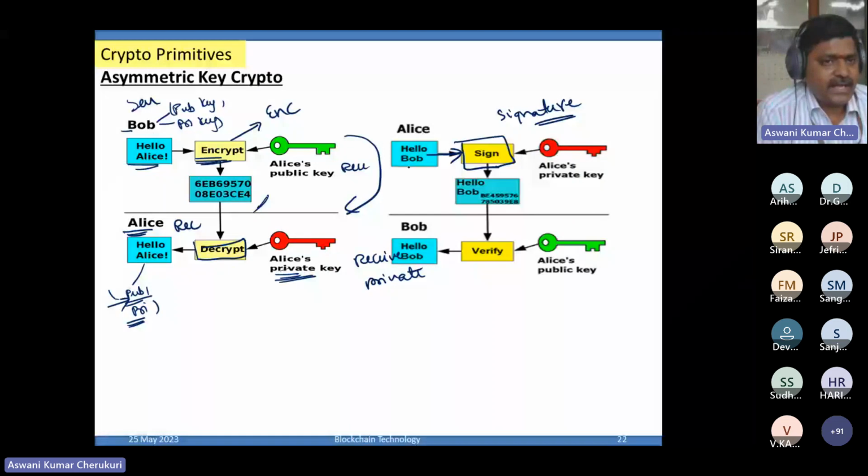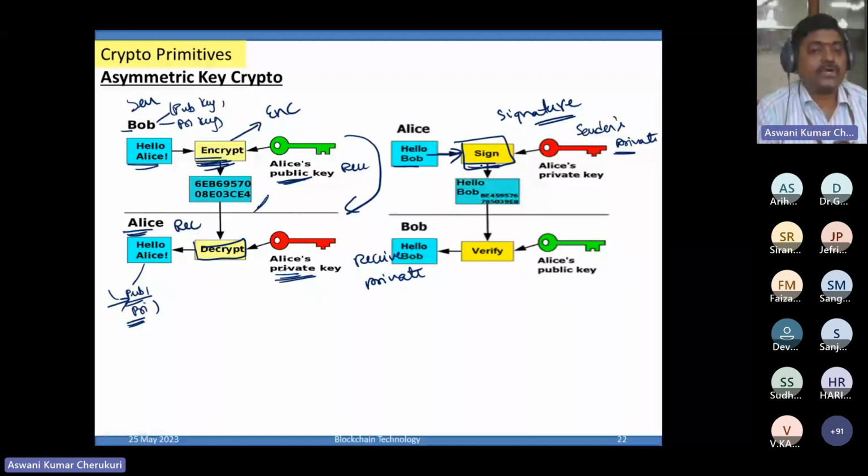While doing the signature, Alice took the message and signed it with her private key, that is, the sender's private key. So please remember, if the receiver's public key is used, it is encryption. If the sender's private key is used, it is a signature.